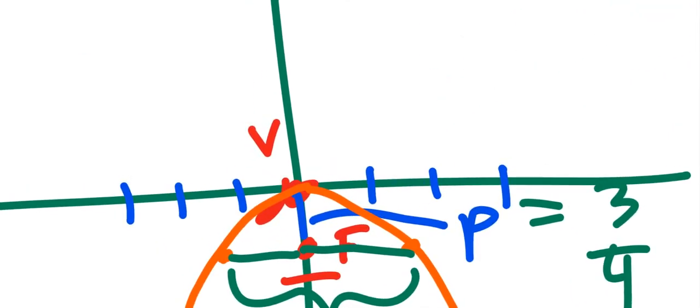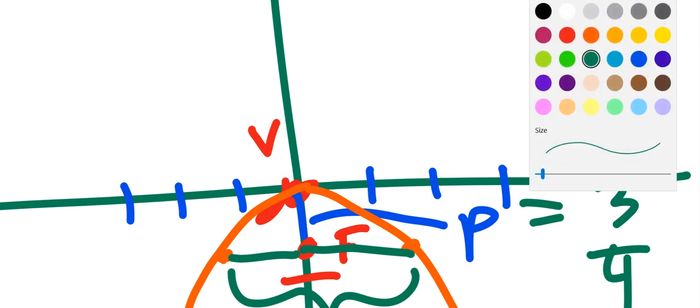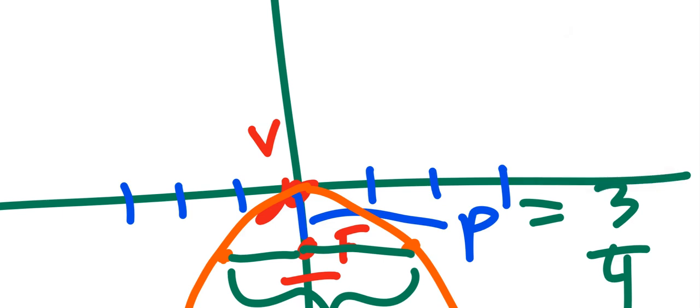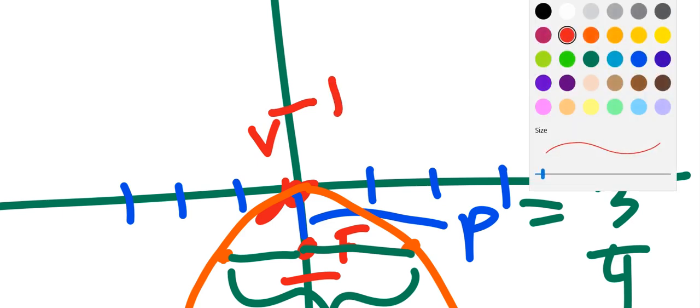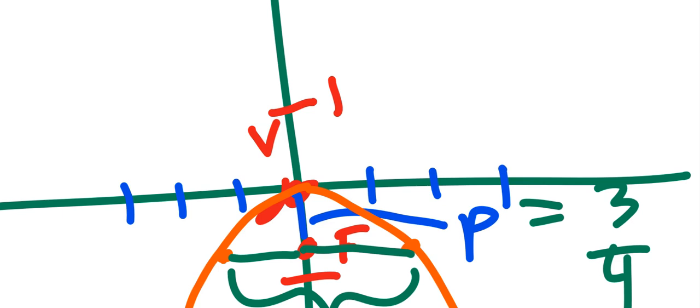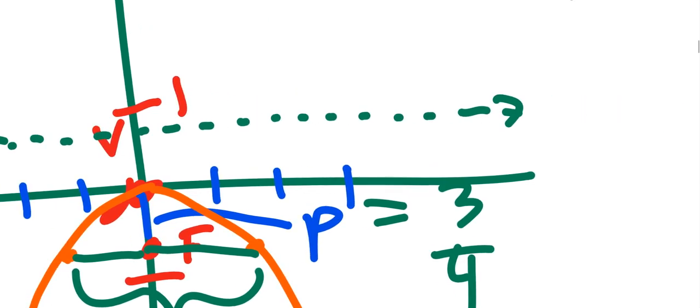So here's my parabola. Here is 1, right? And here is my directrix. Watch it.